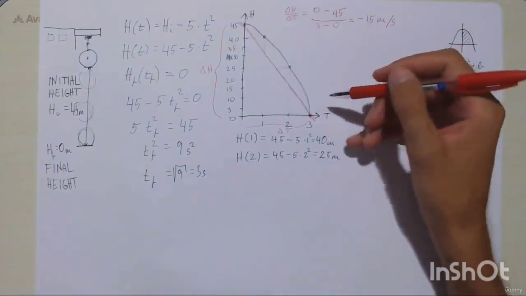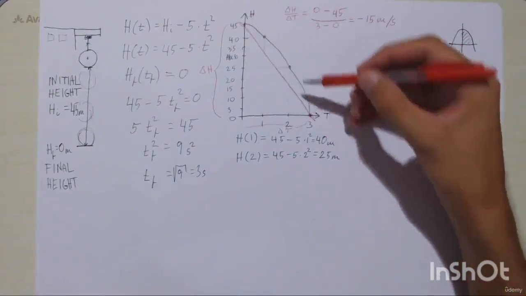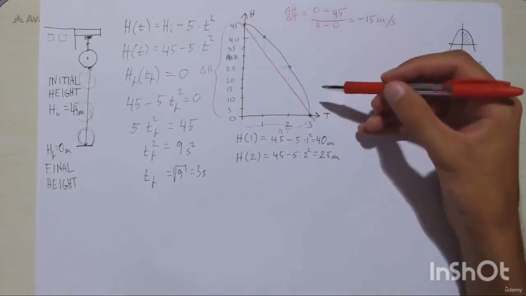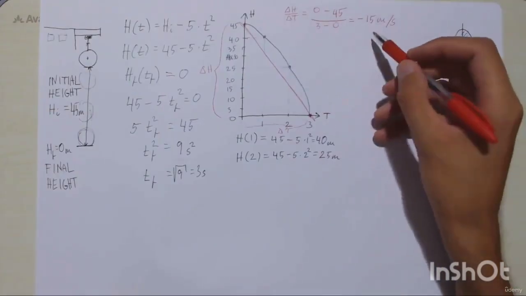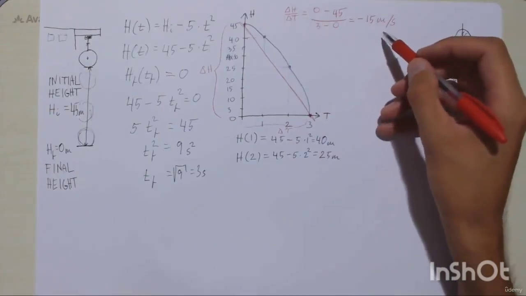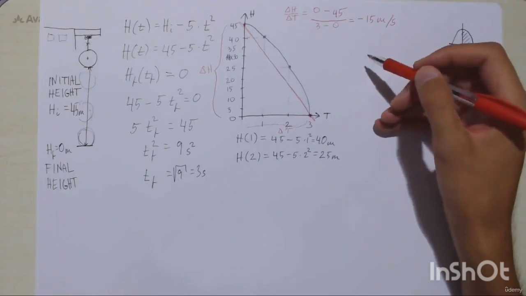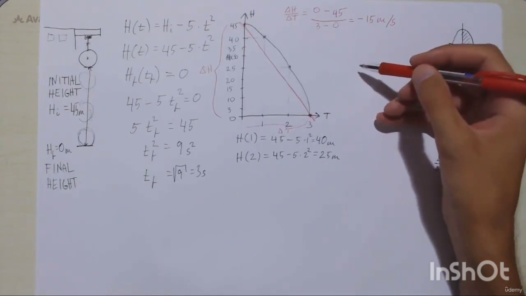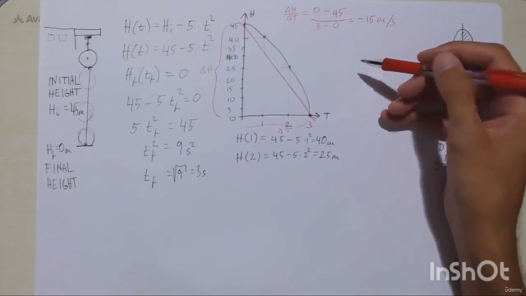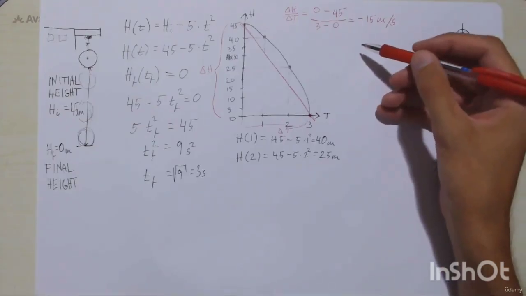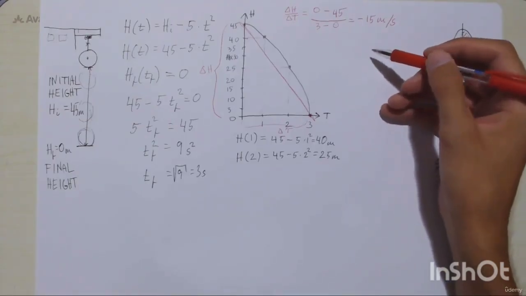Now, according to this red graph, this red straight line function, the sphere flies down at the speed of 15 meters per second. However, is it really true? Is it really what happens? Does it really fall down with 15 meters per second at the constant rate?